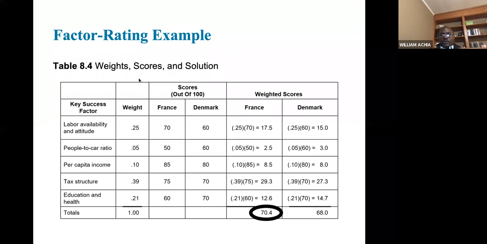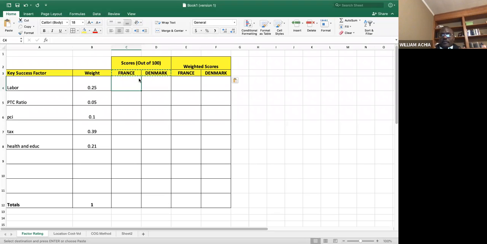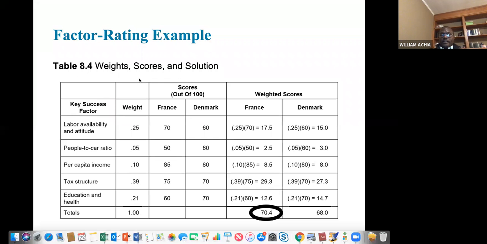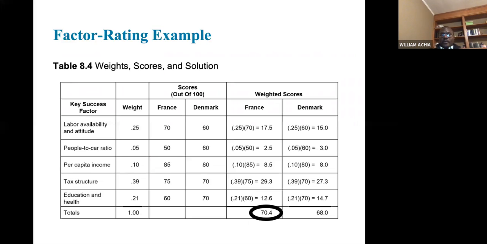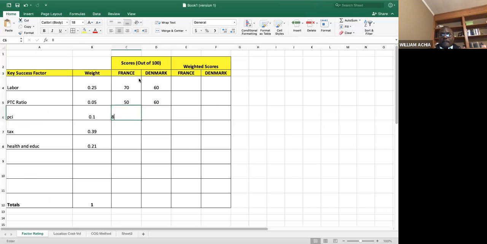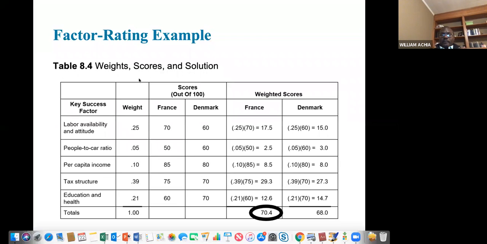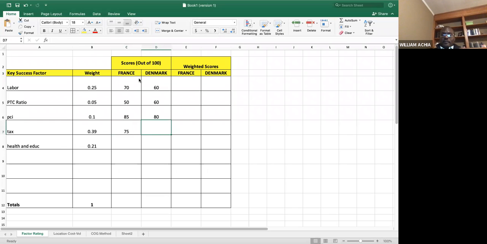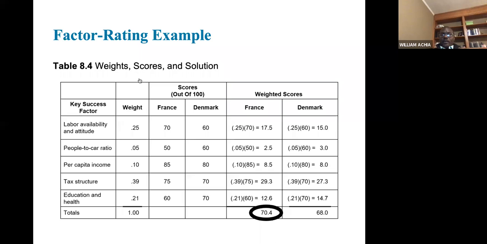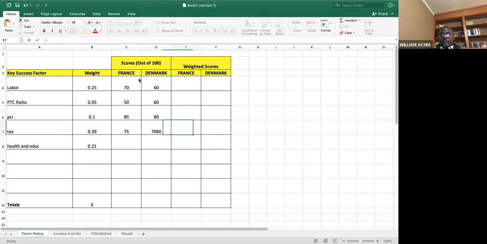And we're given scores of 70, 60, 50, and 60, 85, 80, and then 75 and 70, and finally 60 and 70.